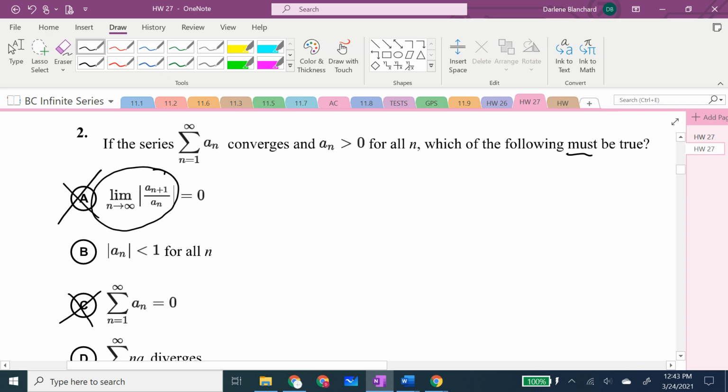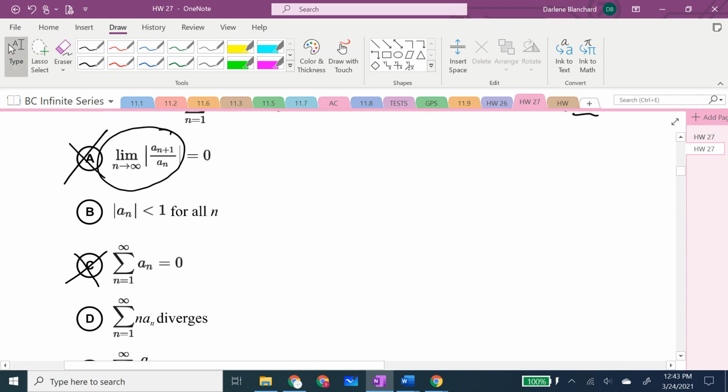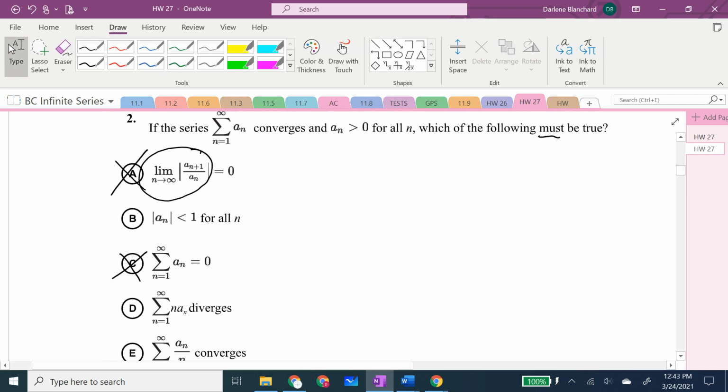No. It's doubtful to be true. Now, if a sub n converges, does that automatically mean that if I multiply by an n, it suddenly diverges? A sub n could be a geometric series. If it's a geometric series that converges, that is still going to converge. That is not correct.